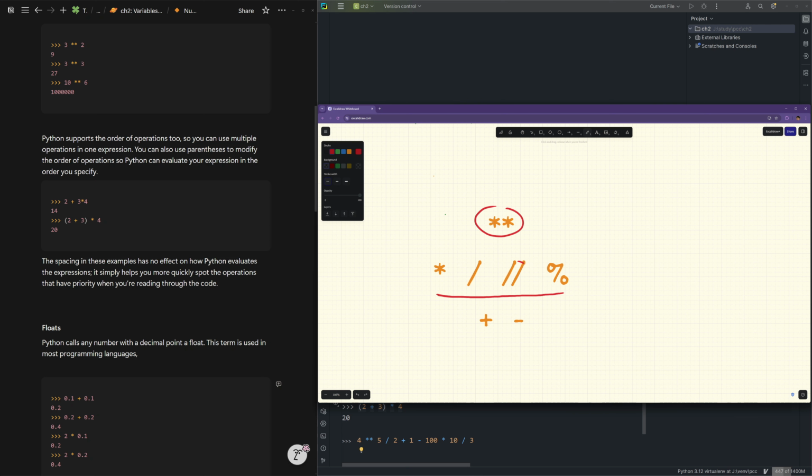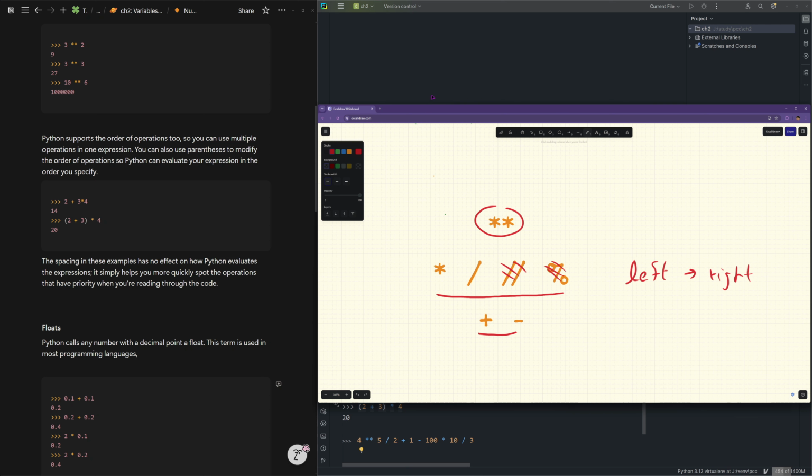We haven't looked at these two for now, so you can ignore them. Then these four will be done. Now they are at the same level. What we do is look at left to right. We read from left, and whatever appears first, that will be done. The same rule applies to addition and subtraction. One is not superior to the other.